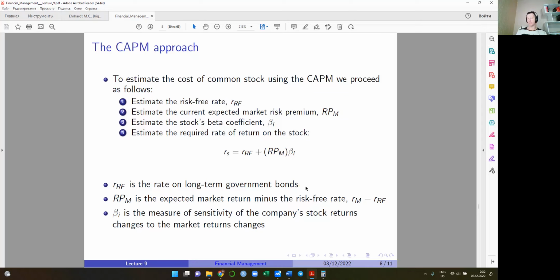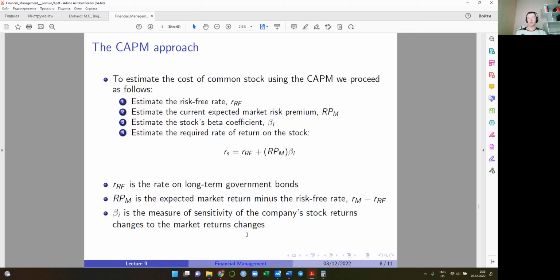This is the rate on long-term government bonds. This is the difference between market return and risk-free return. And this is some coefficient of risk, beta coefficient, or coefficient of sensitivity of the risk of the stock returns to the market return changes.